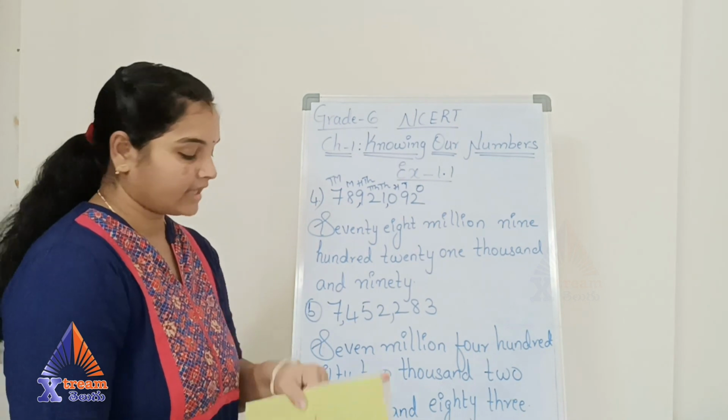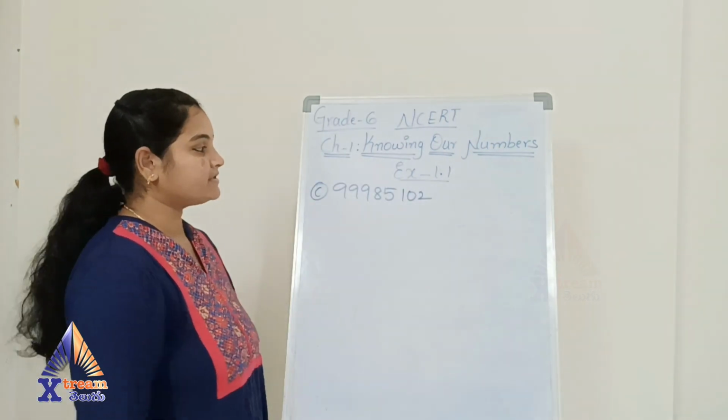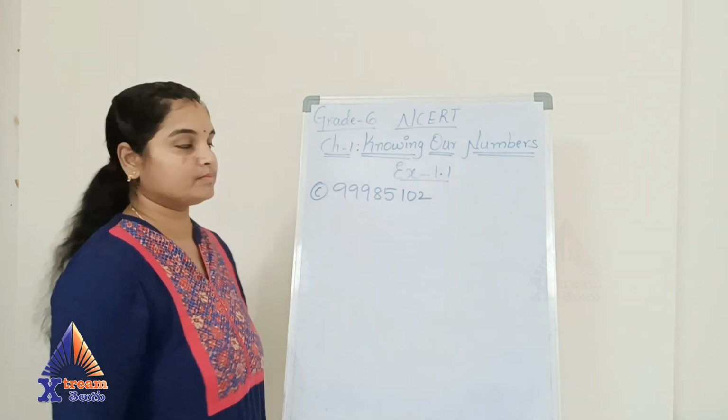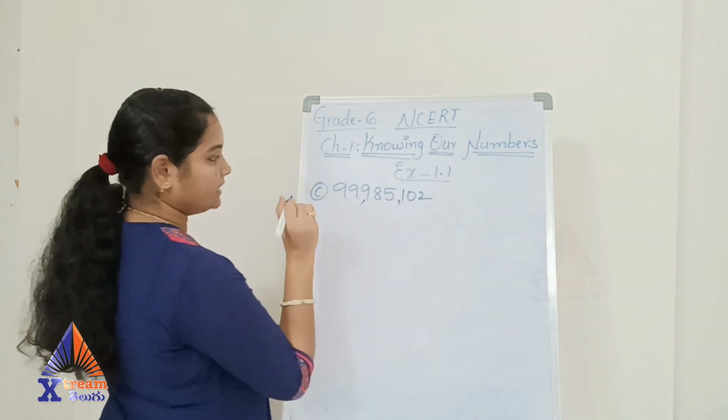Okay, then we have two more to write. Let's see them. The next number I have is 99985102. So I write it as, first I give the commas 1, 2, 3, 1, 2, 3, 1, 2.